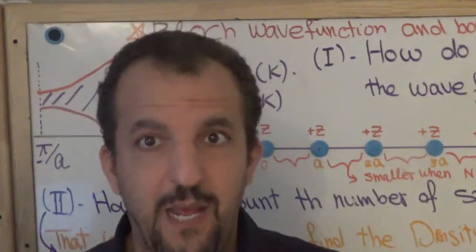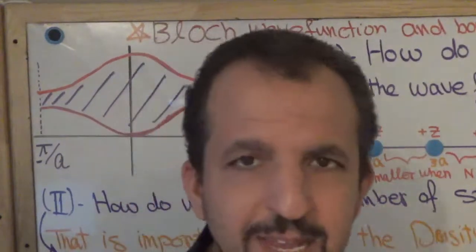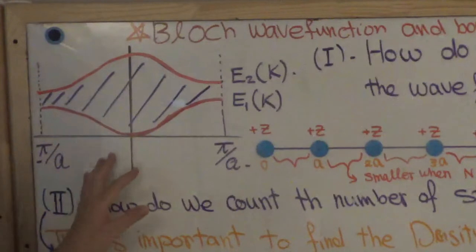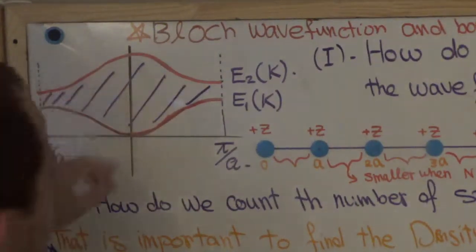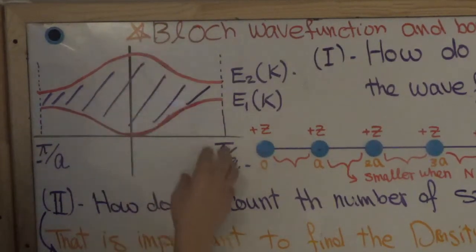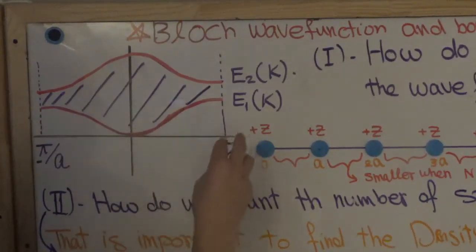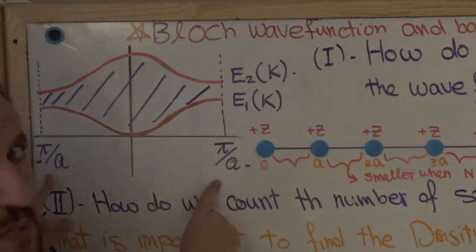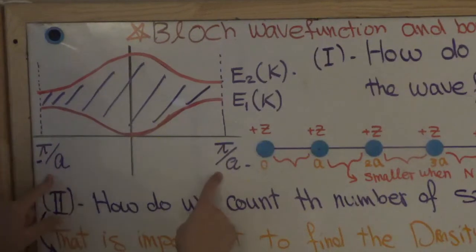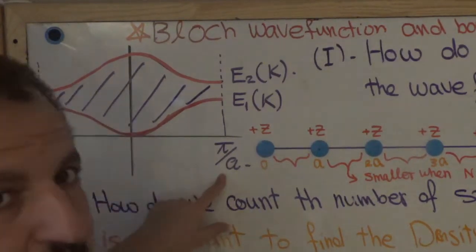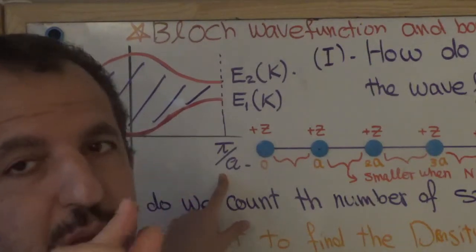Since we are dealing with discrete energy levels, we can draw the energy levels like this. We can draw energy as a function of k. This is a k value and this is a k value, and I will talk a little more about these two values, pi over a and pi over a. What is a right here? a is the lattice constant.